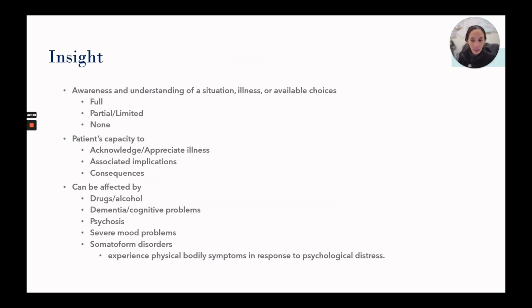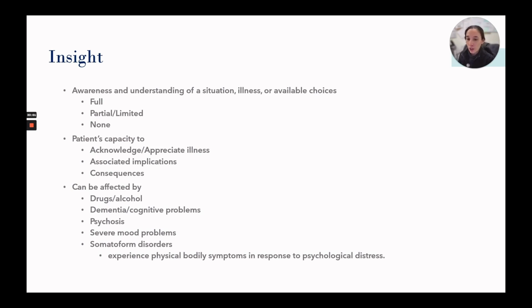So then we can look at insight. This is awareness and understanding of a situation or illness or available choices, so they can have full insight, partial or limited insight, or no insight at all. It's the patient's capacity to acknowledge or appreciate their illness and associate the implications and consequences.